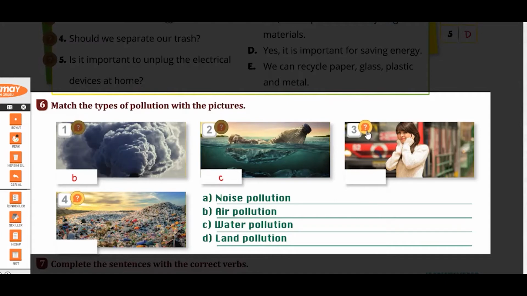And number 3, it's noise pollution. It's A. Number 4, the last one, it's land pollution. D. So we have B, C, A, and D. Okay? Good job. Next one.